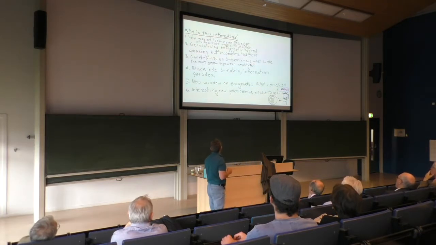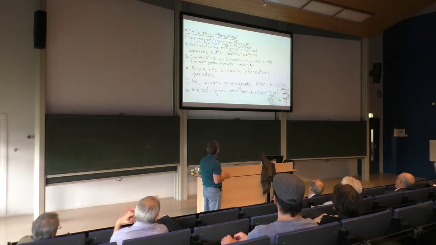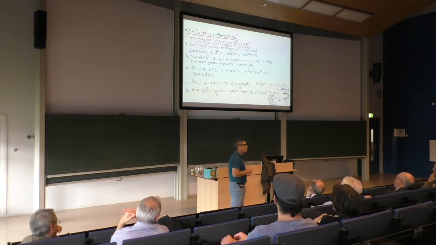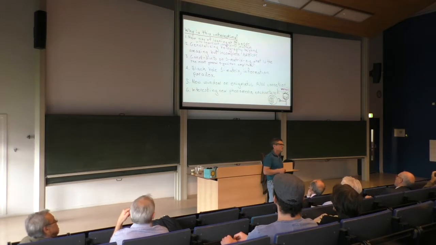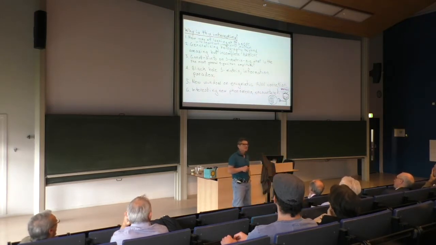Secondly, one would like to generalize the notion of holography beyond the amazing but incomplete story where you have quantum gravity in a bulk anti-de Sitter space dual to some kind of conformal field theory which lives on the time-like boundary of that space.